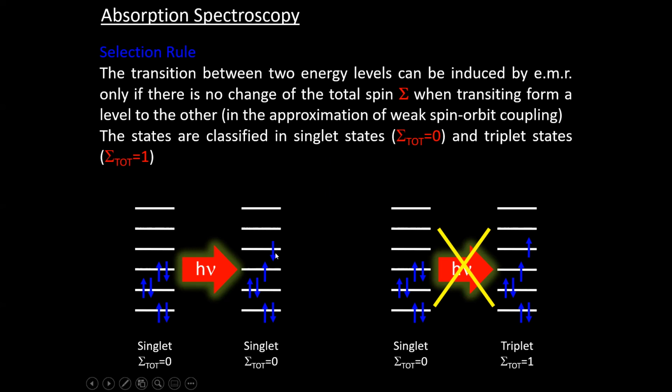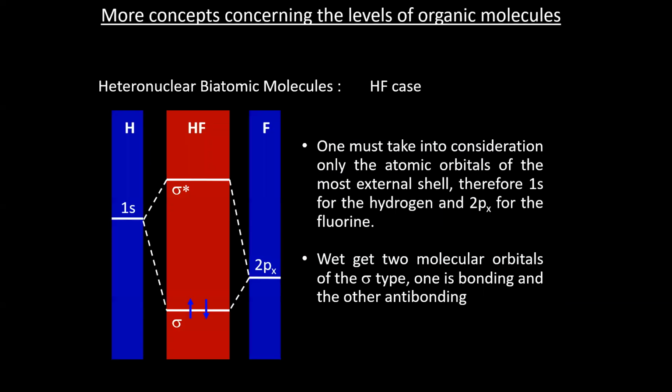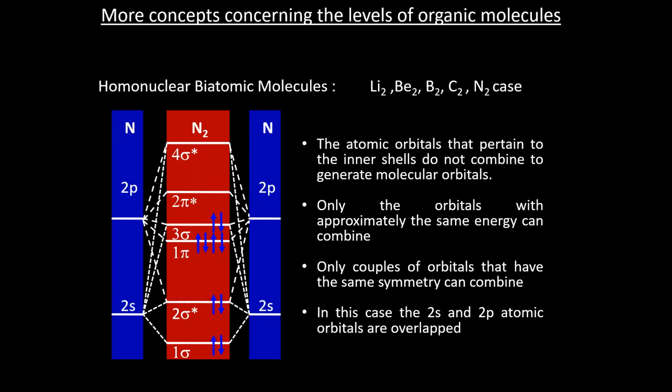But you do not have to change the total spin of the molecule. So light cannot change the total spin state of the molecule. Given that in the ground state, all molecules are in the so-called singlet state, the total spin is 0, because you remember when you build the molecule here, the electrons that you put always pair to get spin 0. Okay, so in the ground state, in the lowest possible state, the total spin of the molecule will always be 0.